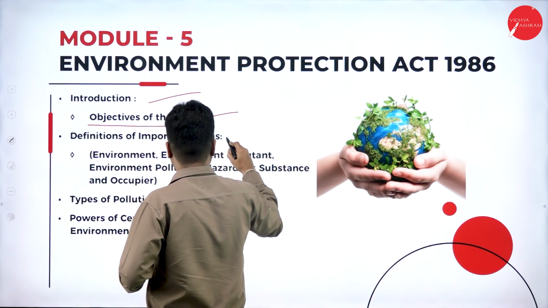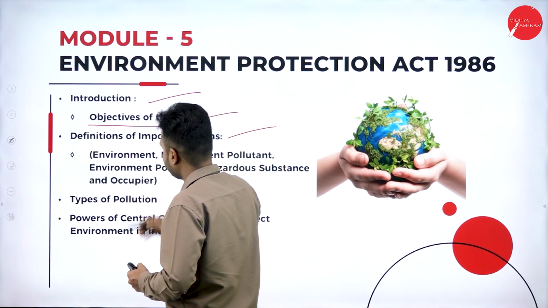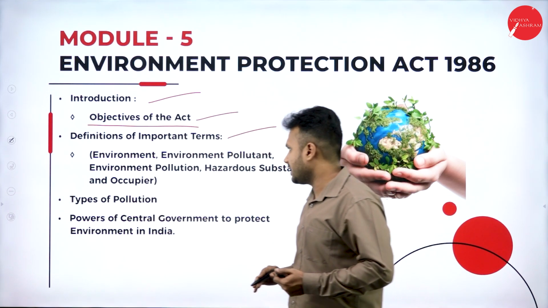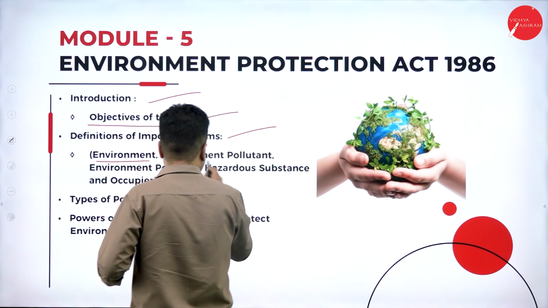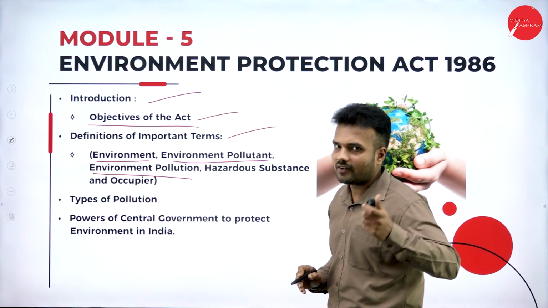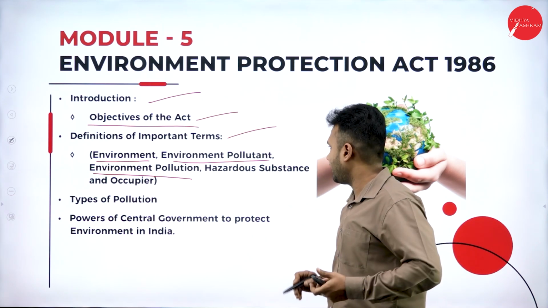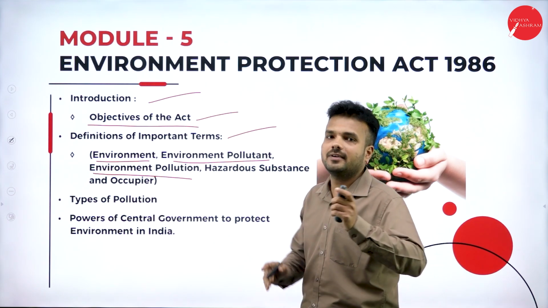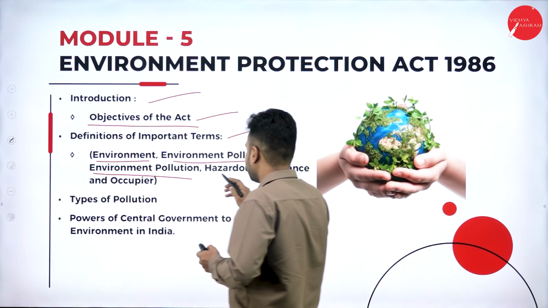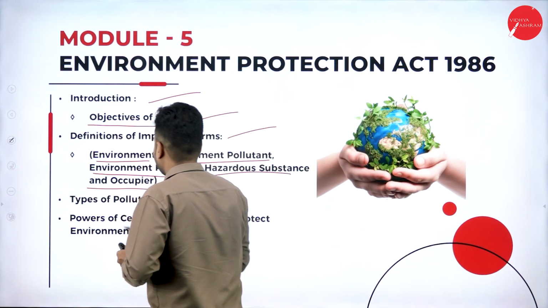Definition of important terms. As I said, these important terms we can expect for 2 marks in the final exam. Environment, pollutant, environment pollution. There is a difference between environment, pollutant and pollution. I have given the difference between pollutant and pollution in the notes. Hazardous substance and occupier.